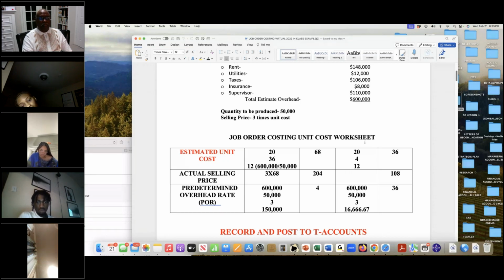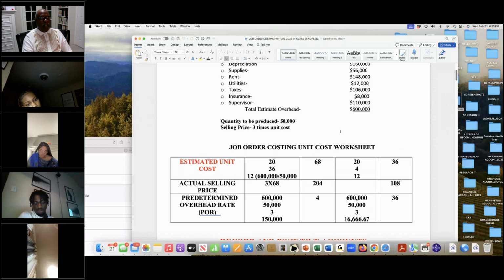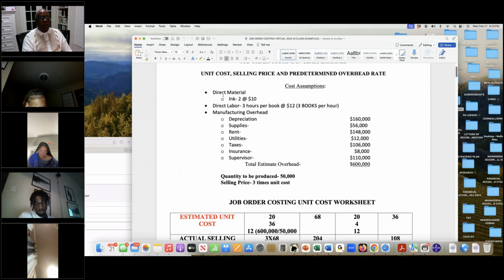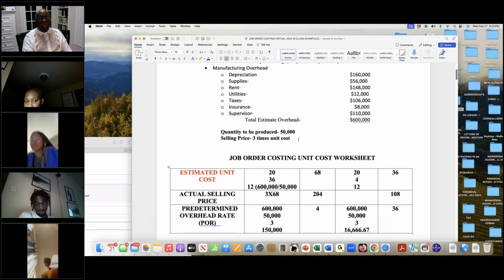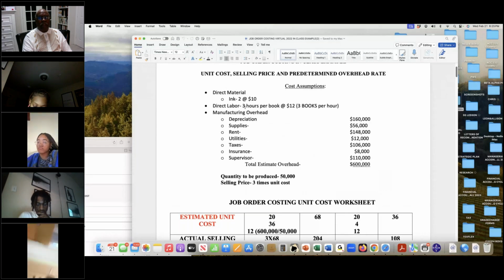Our unit cost consists of, first of all, the direct material ink, 2 at 10, 20. Then for our labor, it took 3 hours to make the book, so we're going to multiply 3 times 12, and we're going to get 36.